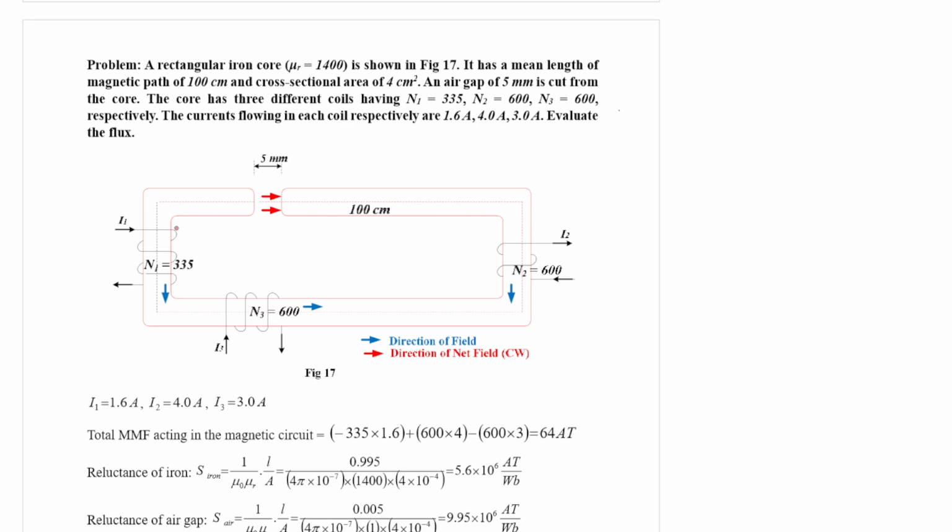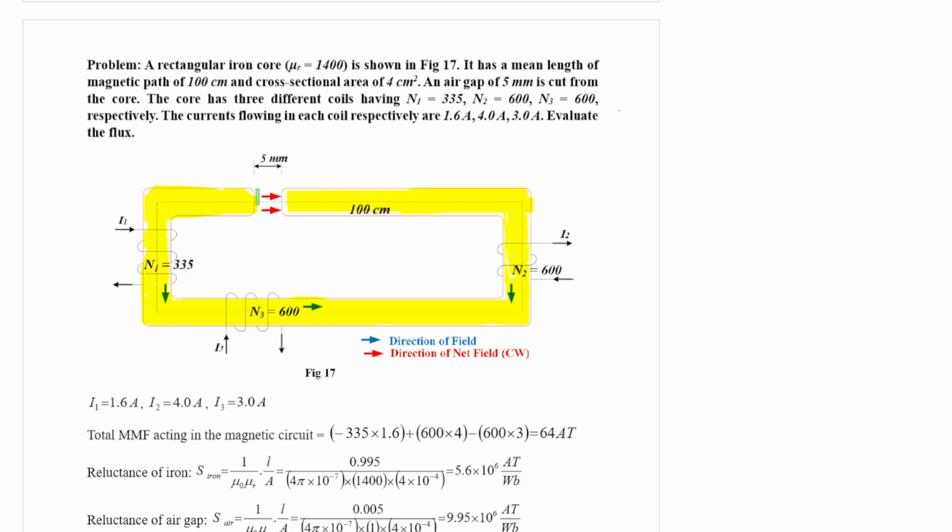This entire thing is a rectangular core, iron core rather, shaded by yellow, and this little gap is an air gap, shaded by, let us say, green.